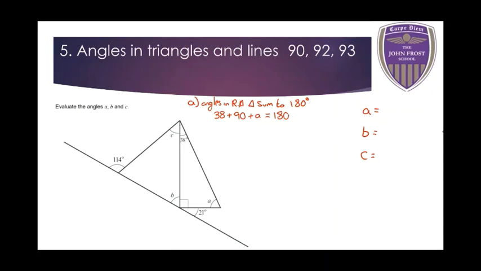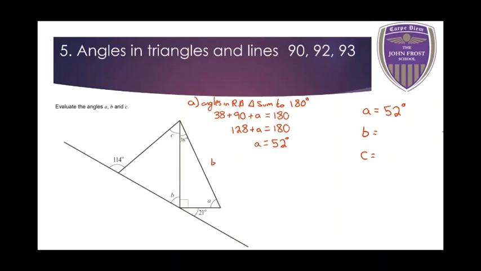Collect 38 and 90. So 128 plus A equal to 180. Therefore, A is equal to 52 degrees. Okay. You do 180, take away 128, and you would get 52. Okay, or something plus 128 is 180, and that's 52.